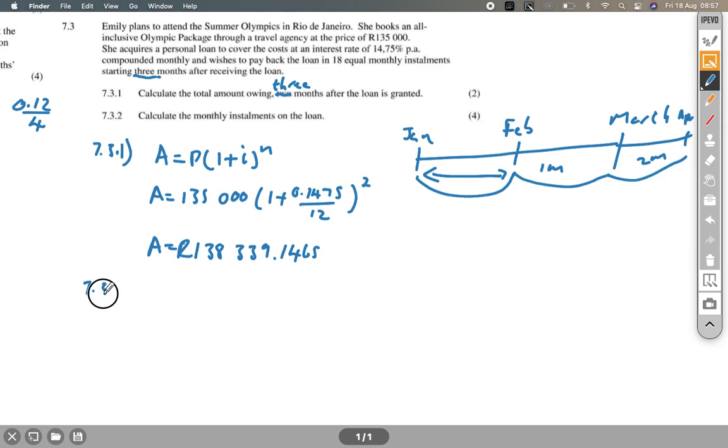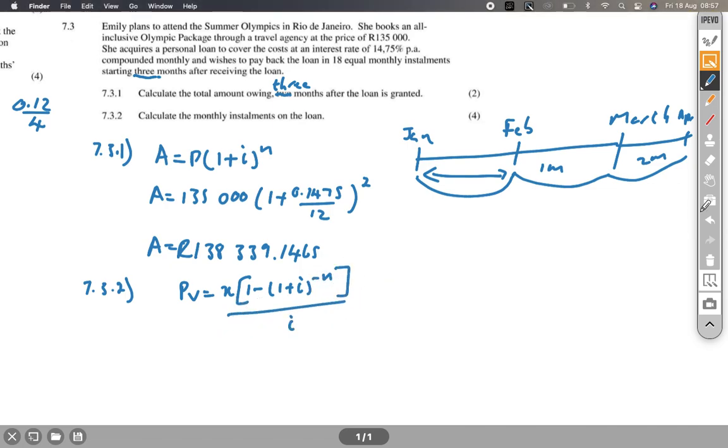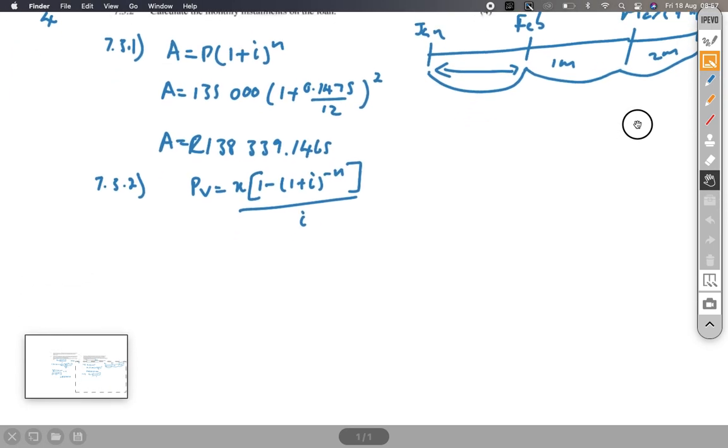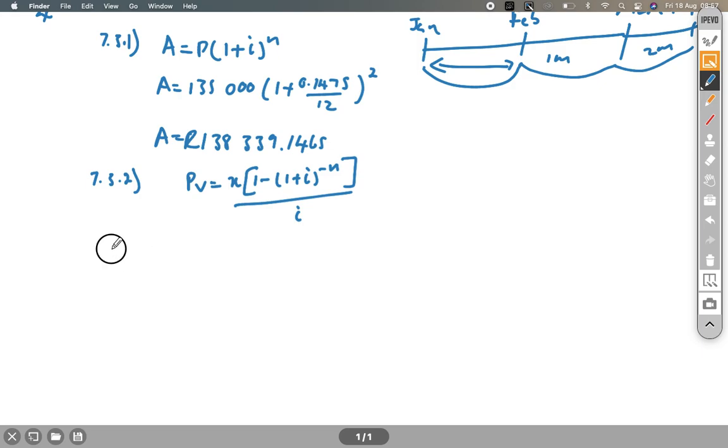So 7.3.2, calculate the monthly installments on the loan. So present value 1 minus 1 plus I to the power of negative n divided by I. Okay, then we said the person would be owing 138.